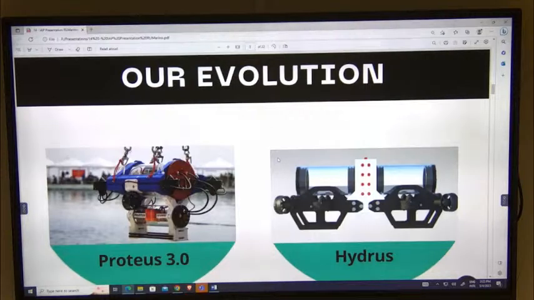Right now we're working on Hydras, which is a bigger model of the submarine. It's capable of a lot more things. It has more space for different items like a camera, some servos, a gripper, and all that type of thing.